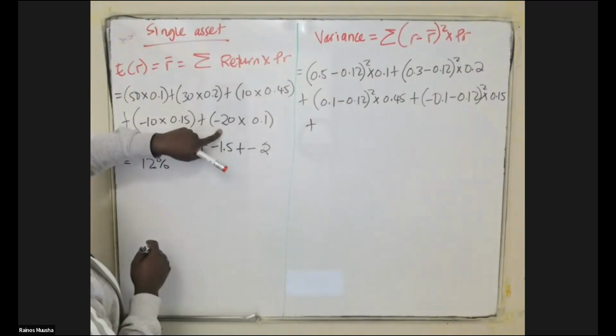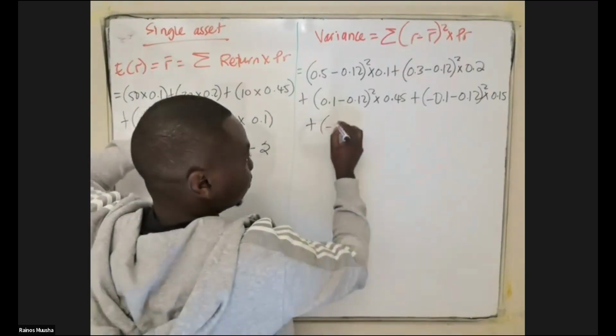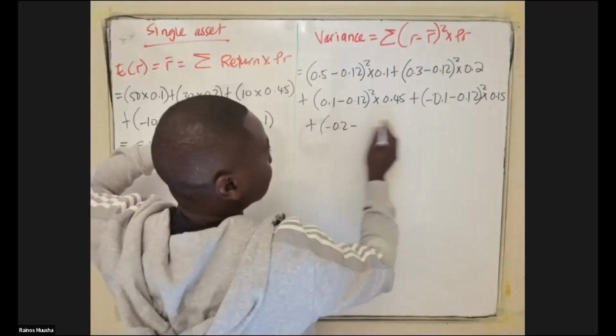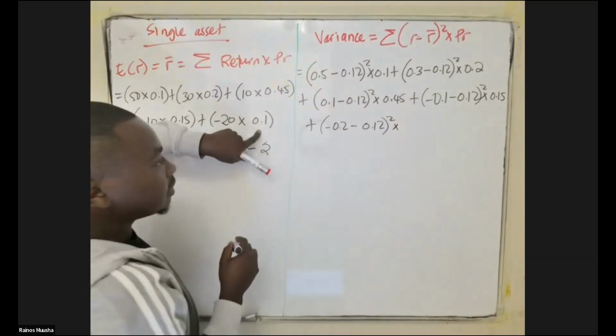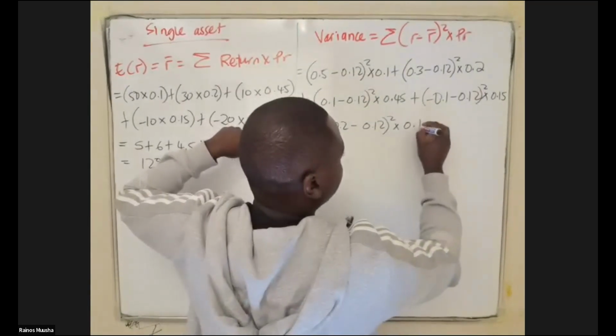On the next scenario, your return is minus 20%, so as a decimal it is minus 0.2, minus the expected return of 0.12, squared, multiplied by the probability of 0.1.